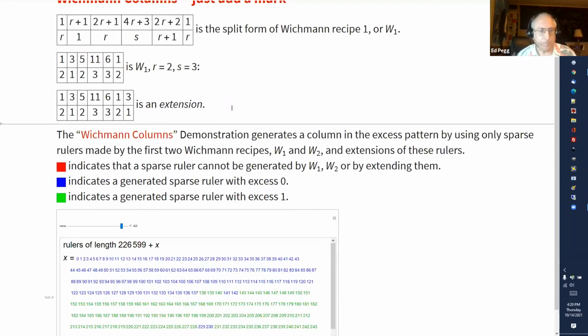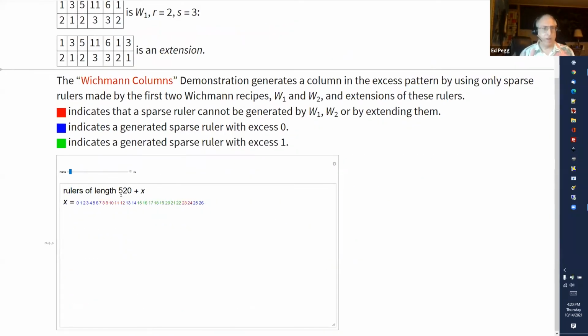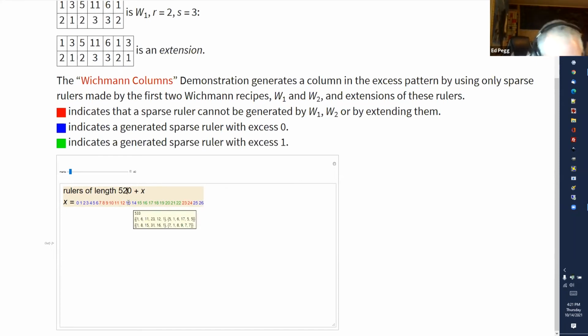One way to see that: say I take rulers of length 520, which is the length for one of the Wichmann recipes. So 520 plus X. With plus 13, here are two sparse rulers that can be made. But for plus 12, you can't do anything by adding an extra mark at the end of a Wichmann ruler.